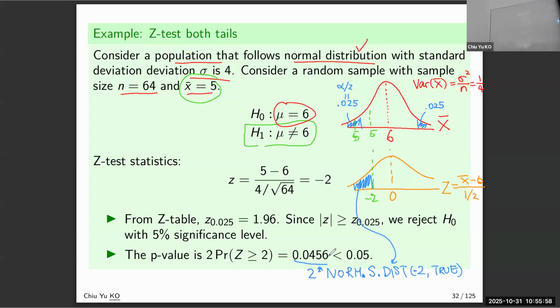So luckily, it is still less than 5%, so we would say no to x0. The conclusion will be using 5%, we will take x1, right? Using 10%, also take x1. But if you use 1%, you will still keep x0. Okay? It depends on what alpha you want to take. But at 5%, you still reject x0. At 10%, of course, you reject as well. But at 1% you don't. Okay?